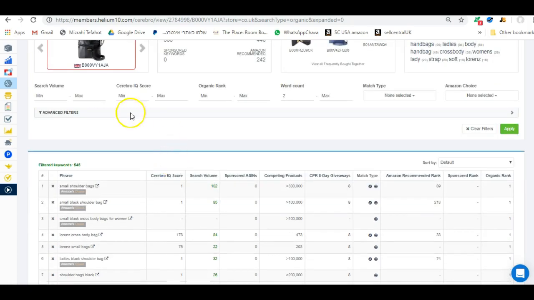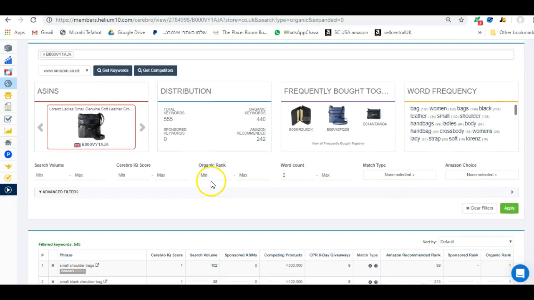So at any rate, we've got 545 keywords. It's far too many to make use of. So I like to filter it by using the organic rank filter. I'm going to put here 1 to 20. The logic behind 1 to 20 is that the likelihood that someone is scrolling down so far on the page to find what they're looking for is low, right?